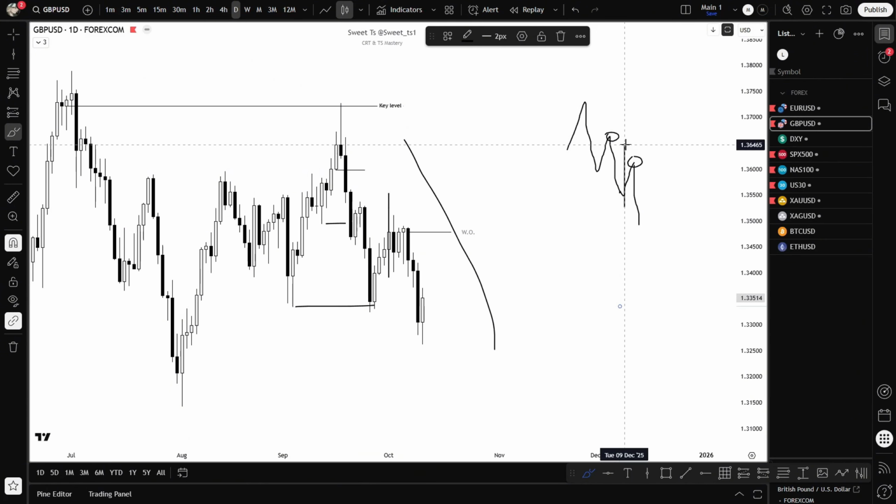I always pay attention to daily highs, right? So let's say that we open here and start going higher. There is a high chance that the market is going to go higher into this high, because this is the first high, right?